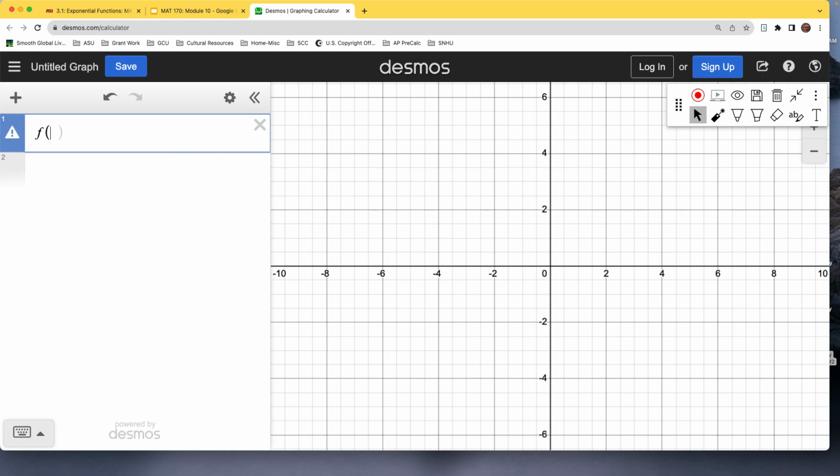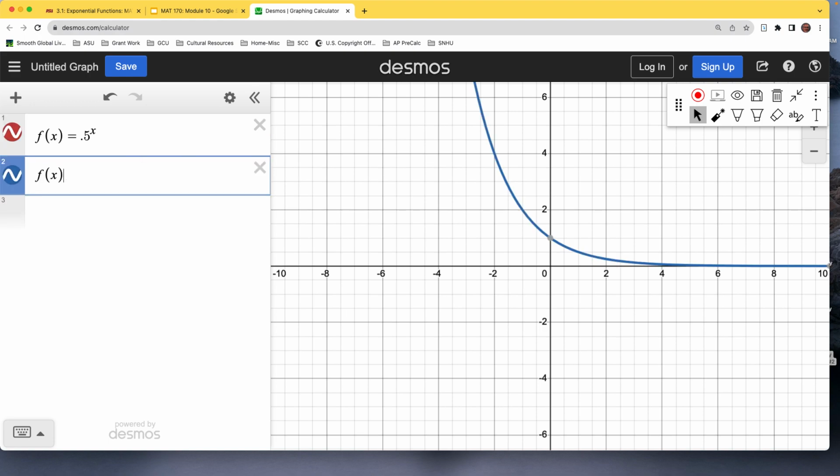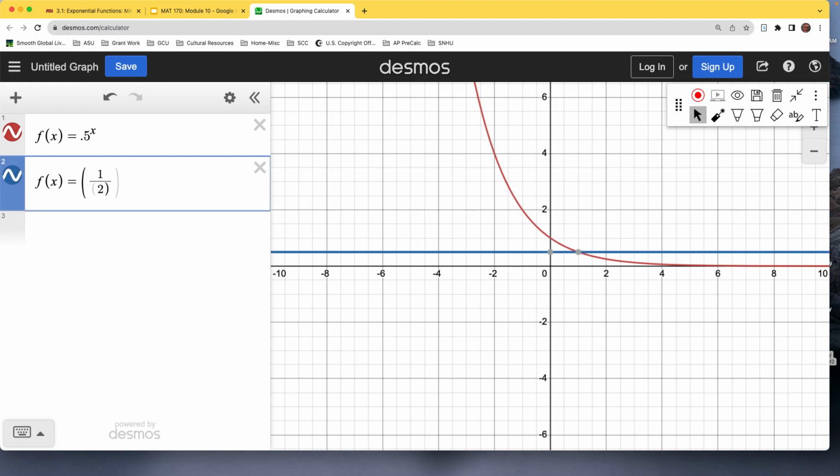So if I have a function, and we'll do 0.5 raised to the x power, and right away it sees, as x gets bigger, that's really the same thing as 1/2 to the x power. That's the same function. Okay, so it's a decreasing one.